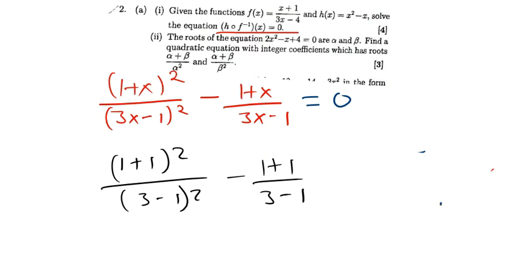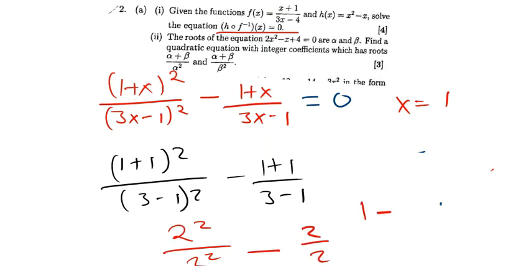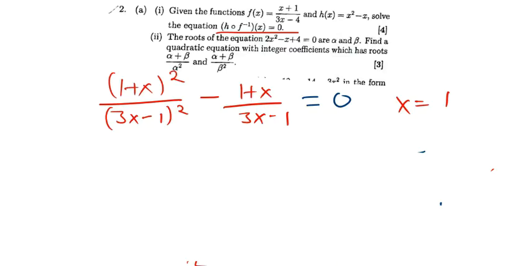Is the question at hand. 2 squared over 2 squared minus 2 over 2. So 1 minus 1, yes, that's true. So our value of x therefore is 1. So we've answered the question, right?